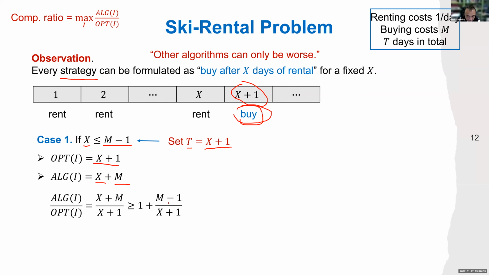Because x is less than or equal to m minus 1, this is at least 1 plus m minus 1 over m, which is 2 minus 1 over m. Actually, it's not equal, because x is less than this, so it will be larger than or equal to 2 minus 1 over m, which approaches 2.